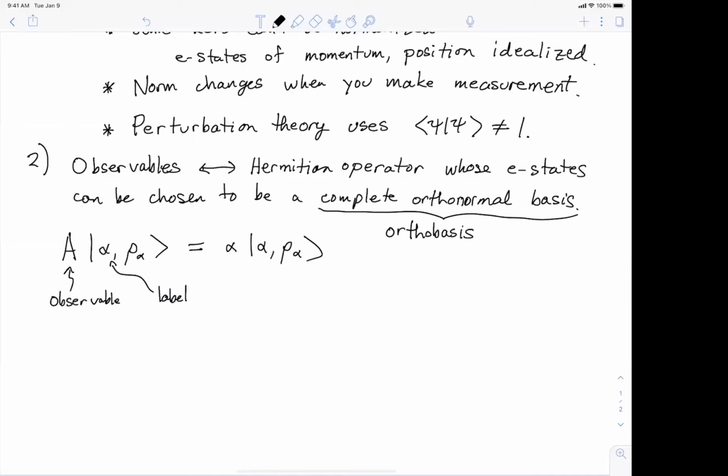We don't have to choose the eigenvalue for the label, but it's usually convenient. And then rho sub alpha is our degeneracy or redundancy label. I think last semester I tended to call it redundancy label sometimes, but I've rethought that. I think degeneracy label for alpha is a better thing to call it.